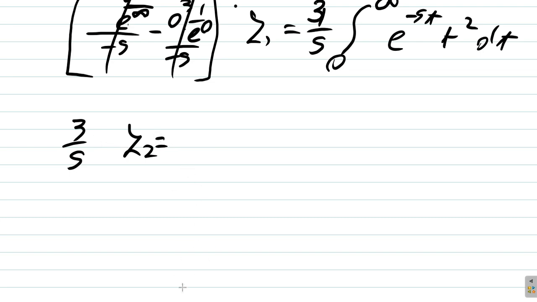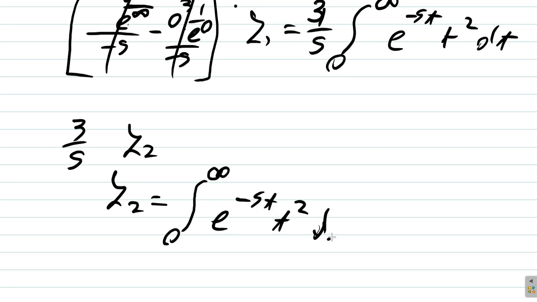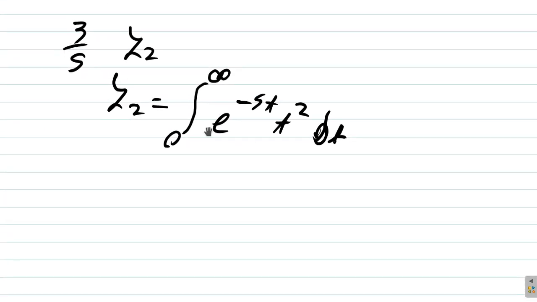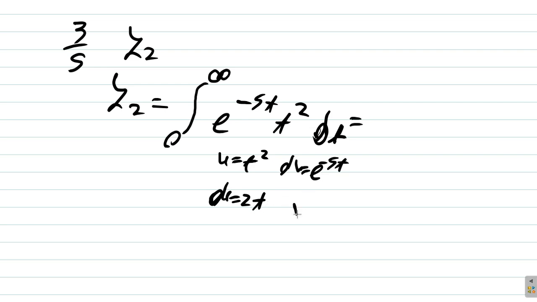How do we do this now? Times L2, where L2 is equal to the integral from 0 to infinity of e to the negative st t squared dt. Let's work out L2, and remember it must be multiplied by 3 over s. Let's not forget that. Now here, for L2, let's say u is equal to t squared, dv is equal to e to the negative st, so du is equal to 2t, and v is equal to e to the negative st over negative s.